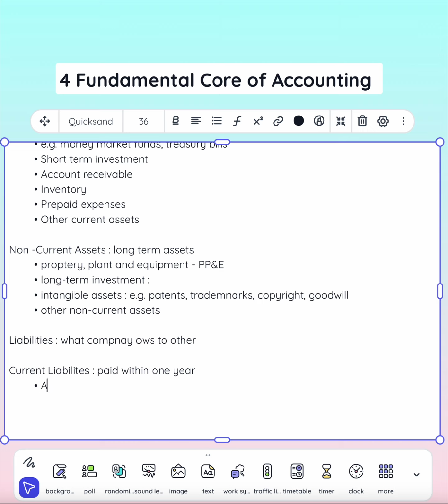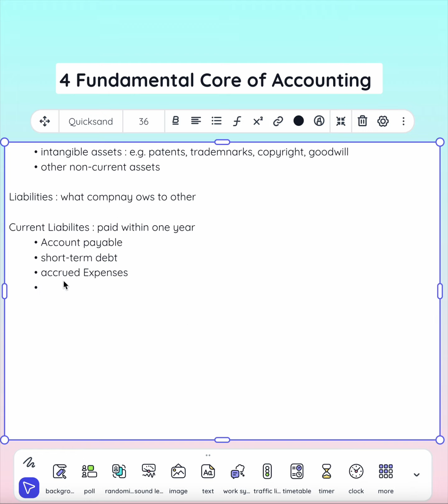You have accounts payable, which is money owed to suppliers for goods or services purchased on credit. You have short-term debt, which is loans or borrowings due within 1 year. Accrued expenses are expenses that have been incurred but not yet paid, such as wages payable and tax payable.